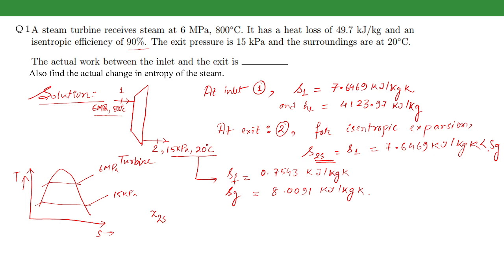If this is the state point 1, then it will come to somewhere here, 2s. So x2s is equal to (s2s minus sf) divided by (sg minus sf). If we put in the values, we will get 0.951.